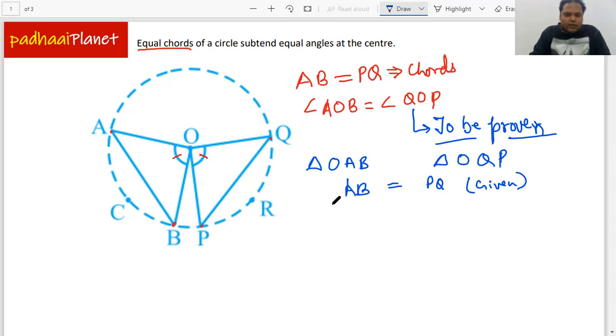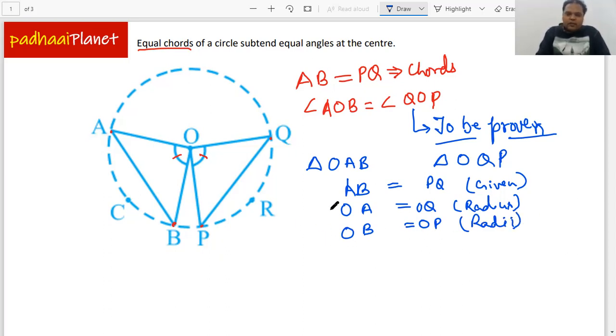We also know that OA is equal to OQ, because these are the radii of the same circle. Then we also know that OB is equal to OP, again the radii of the same circle.